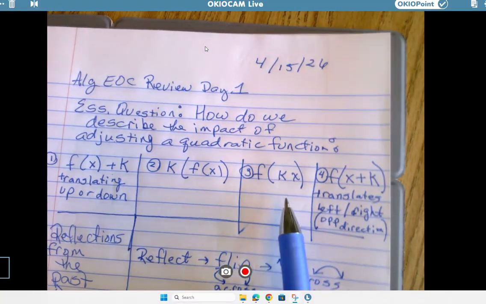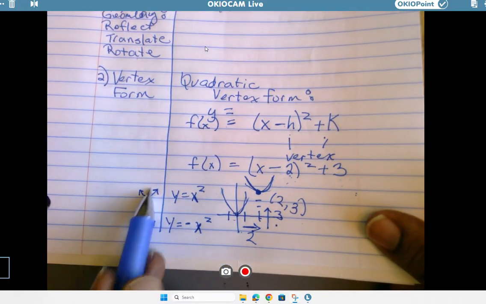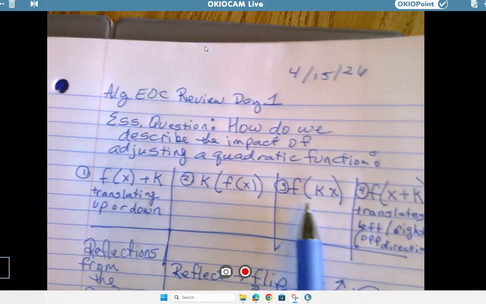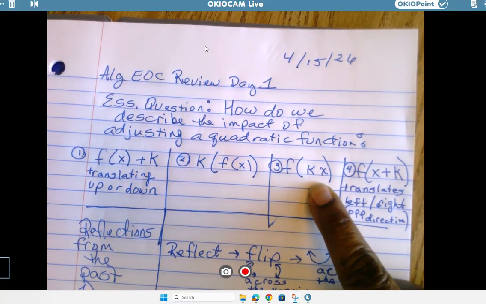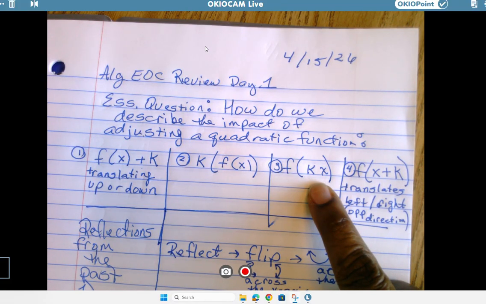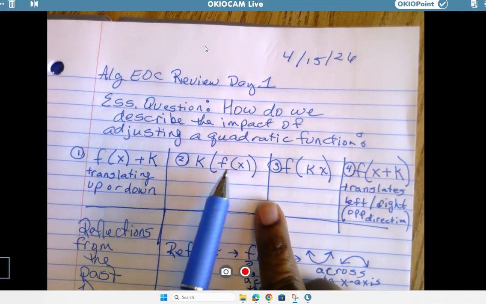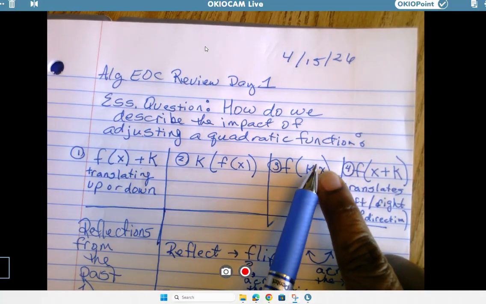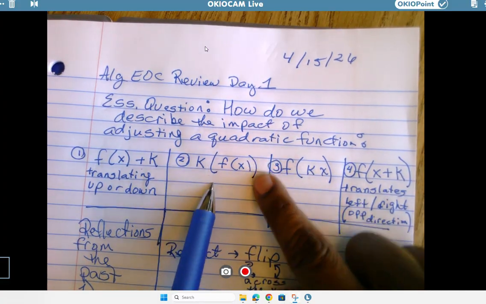Is that 2 or is that 3? The reflecting across the x to get it from a U to an N, is that 2 or is that 3? He thinks it's 3. Oh, I see why you would say that. Do y'all agree with him or do you think it would be 2? Where's the negative sign? Is it with what's happening with x or is it with what's happening with the function?